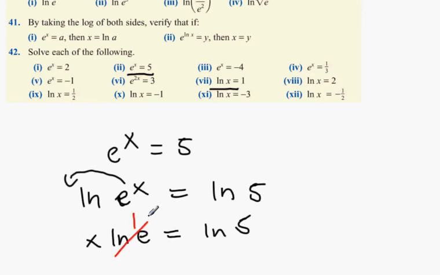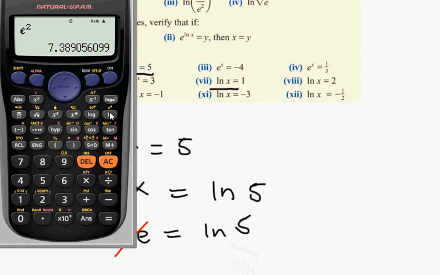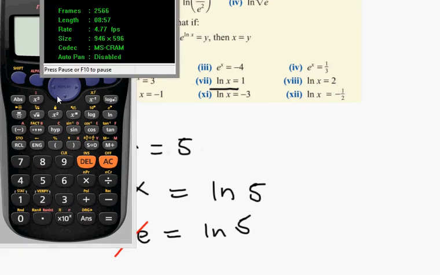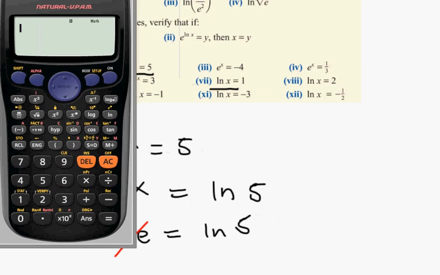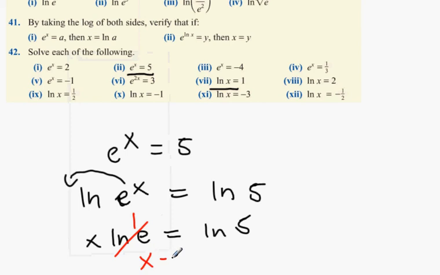It's 1. If you don't remember, check it. How is ln e 1? Its base is e. You're going to have to go back to the start of the class. What we're going to have next is ln 5, and my prediction is this should be somewhere in between 1 and 2. It is 1.61. x equals 1.61.